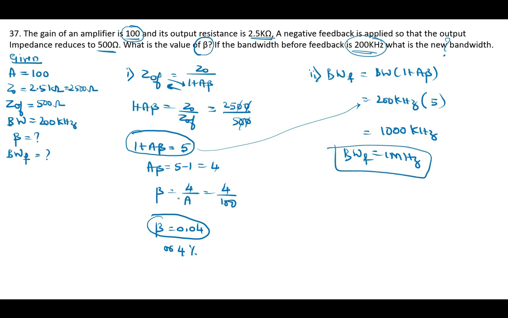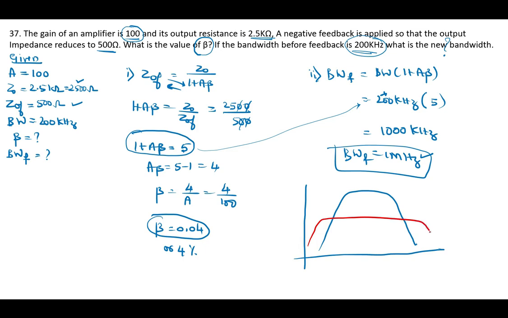You are noticing here output impedance before the feedback is more and it reduces after the feedback, whereas bandwidth before the feedback is less, after the feedback it increases. This is because the bandwidth graph without feedback will be like this, the frequency response. With feedback it will be like this.